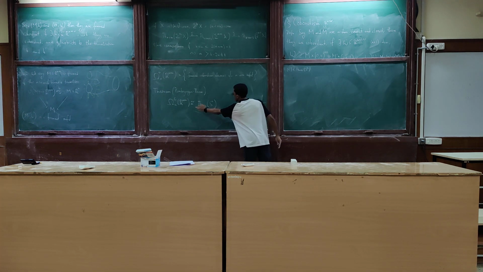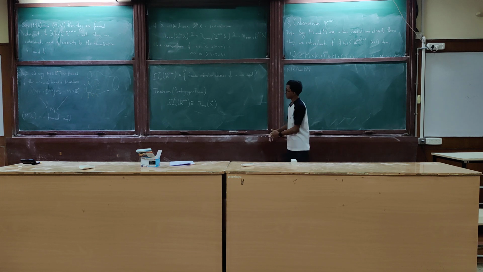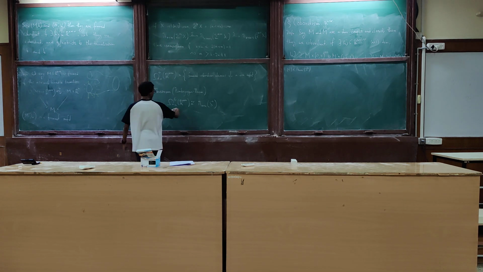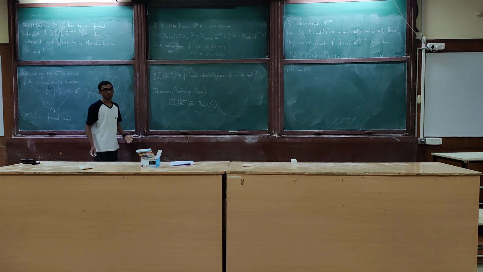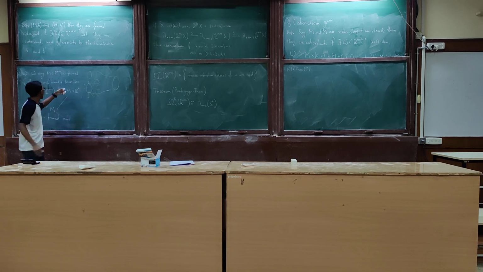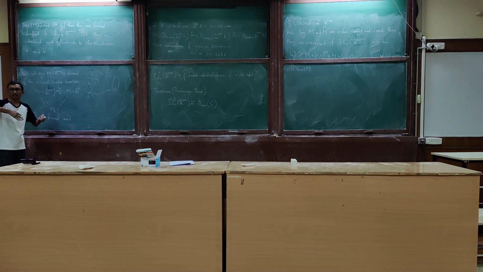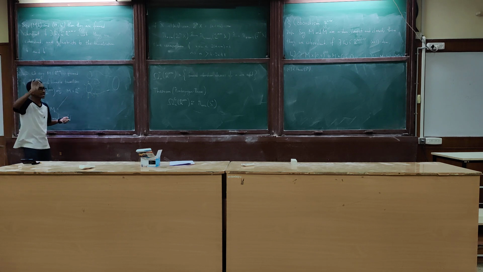So yes, under disjoint union, this forms a group. In fact, let me explain it further. This in fact forms a graded ring again. If it trivializes in R^{n+k}, then it will trivialize in R^{n+k+L} for any L.